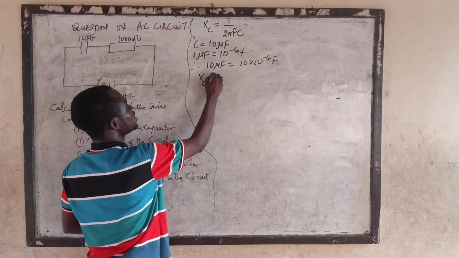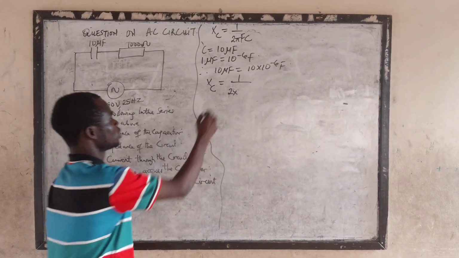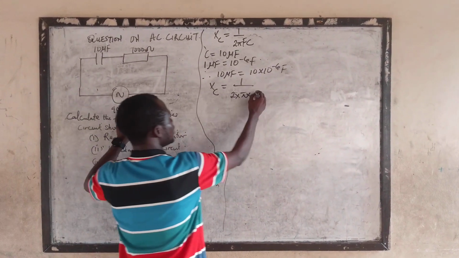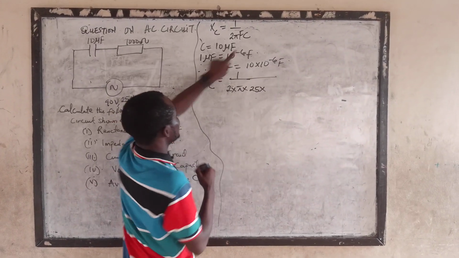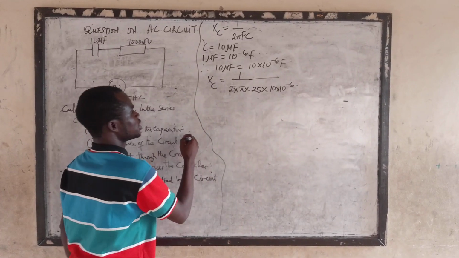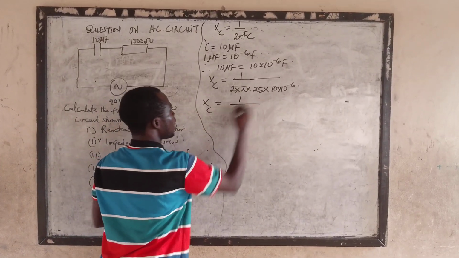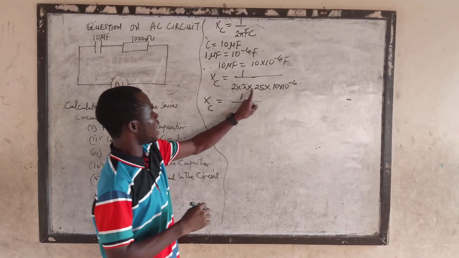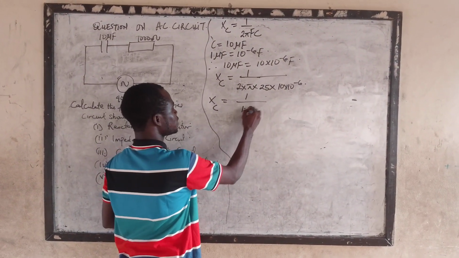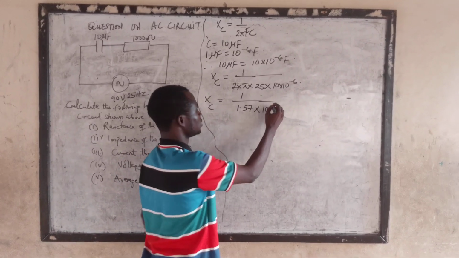Now let us substitute into this equation. We have X subscript C equals 1 over 2 times pi times the frequency, which is 25 Hz, times the capacitance, 10 times 10 raised to power minus 6. So X subscript C equals 1 over 2 times pi times 25 times 10 times 10 raised to power minus 6, which is 1 over 1.57 times 10 raised to power minus 3.